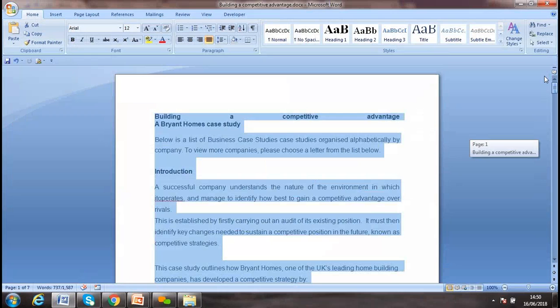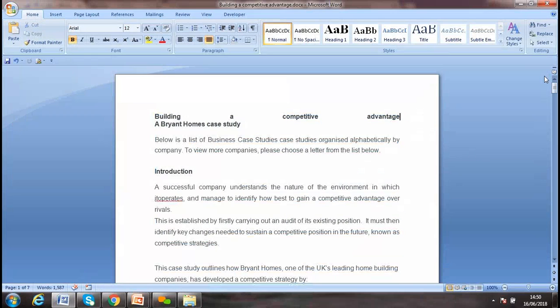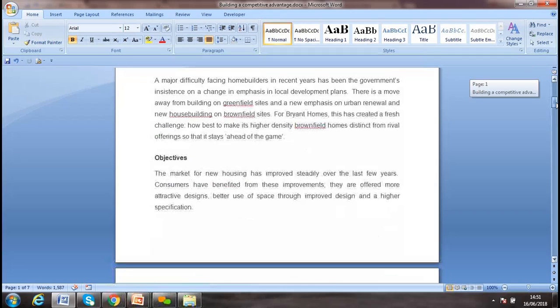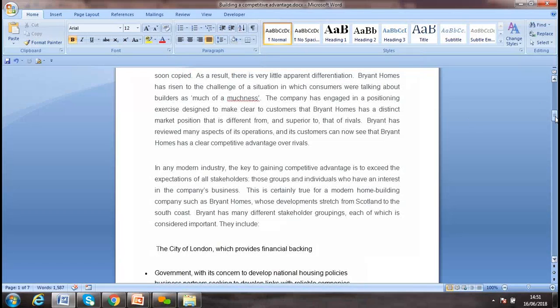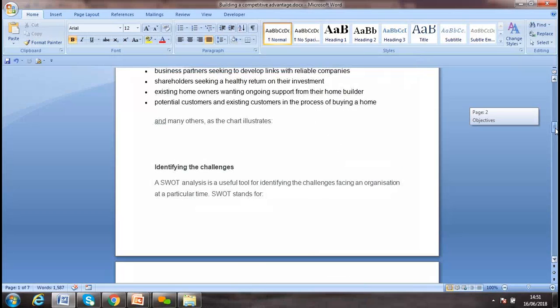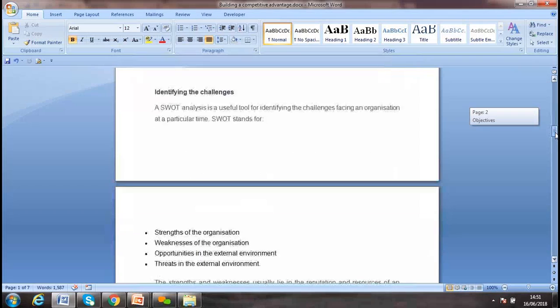This is quite good: Building a Competitive Advantage. We have a company called Barron Homes, which is quite a big company constructing new houses. In this case study, they understand the nature of the environment, what the objectives are and which areas they are focused on, and identify the key challenges.